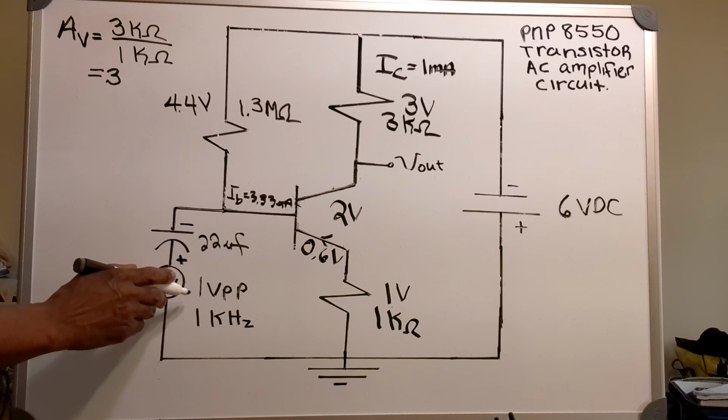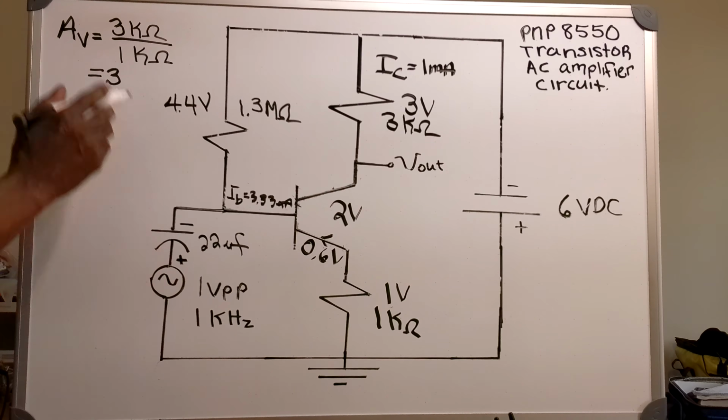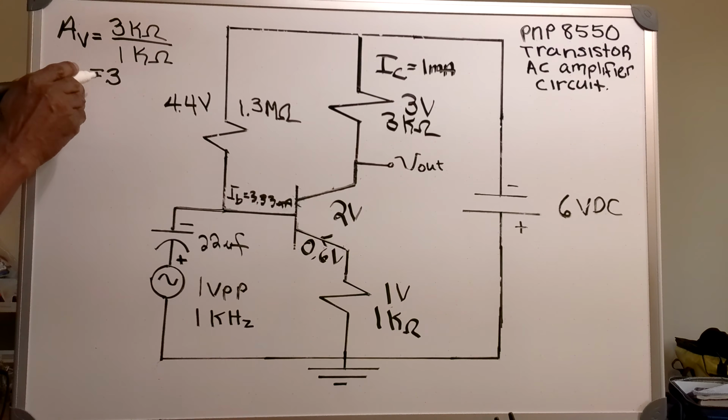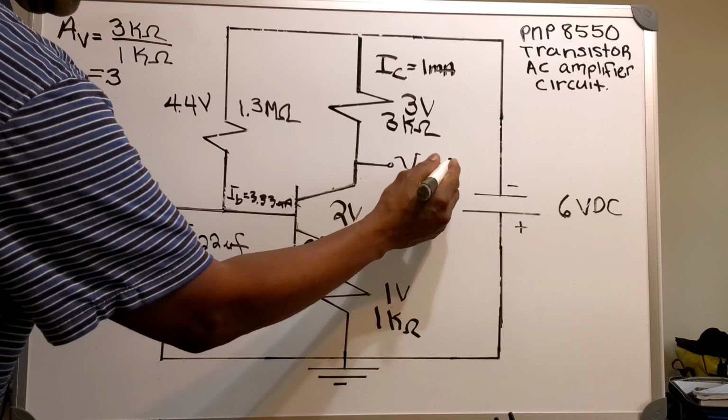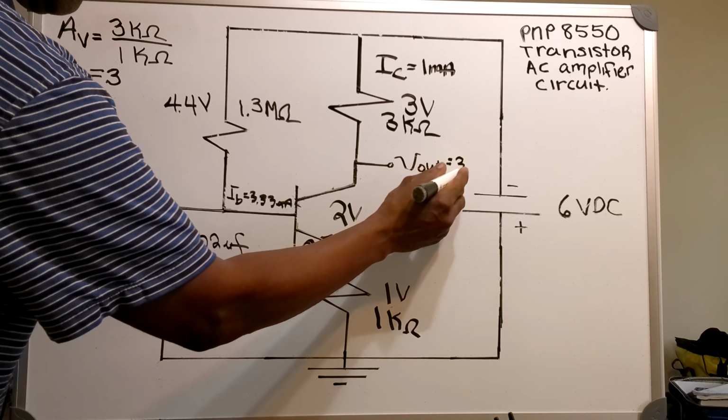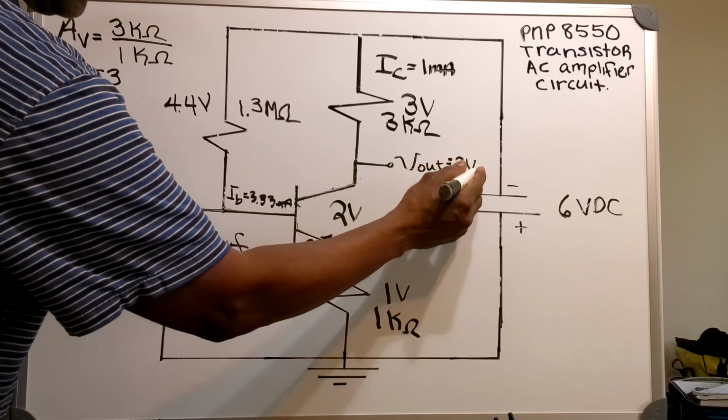Now my signal is 1 volt peak to peak, so I have a gain of 3, which means that my output voltage will be 3 volts peak to peak.